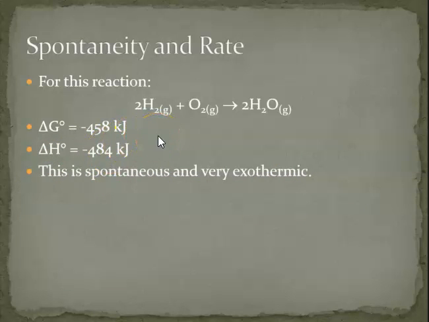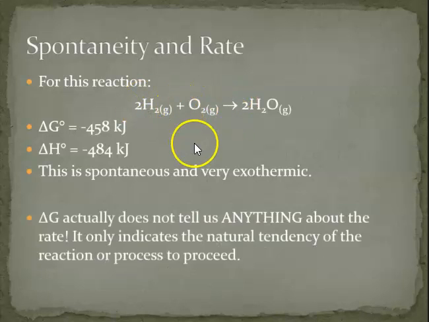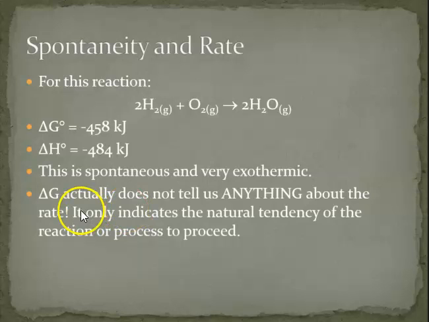If you were paying attention, or this could have easily slipped under the radar, I said earlier in this talk that this could sit in a balloon. You can put this stuff in a balloon, and it's not going to blow up. It's not going to whoosh and turn into a fireball until you're ready, until you put the candle to it. So delta G doesn't tell us about the rate. It doesn't tell you how fast it reacts.